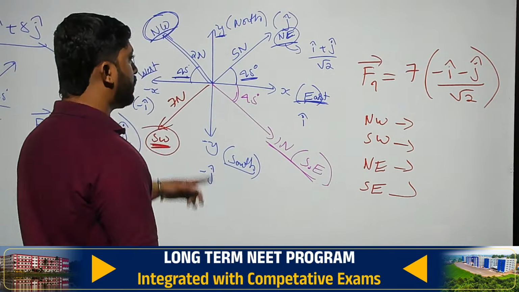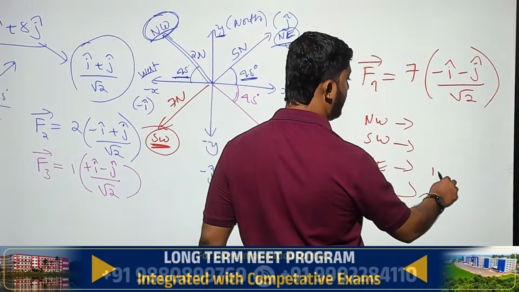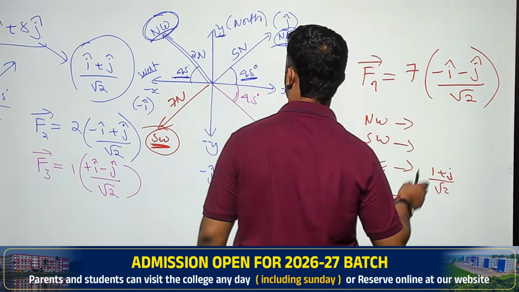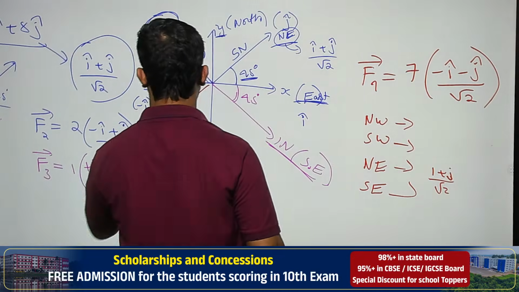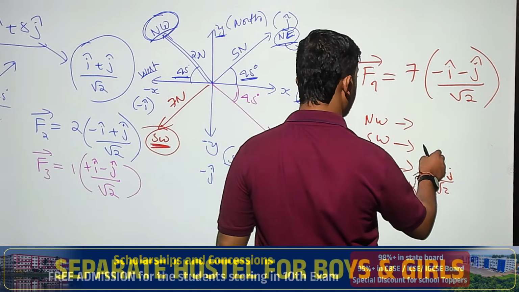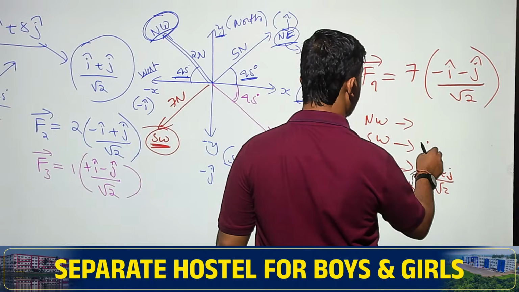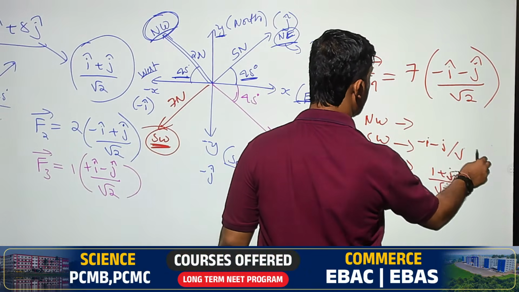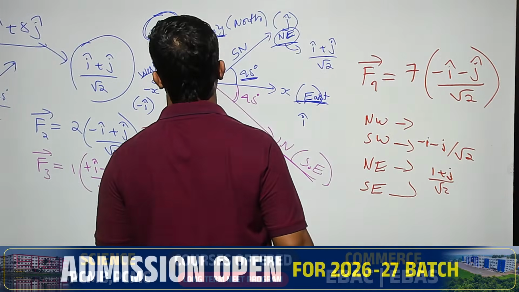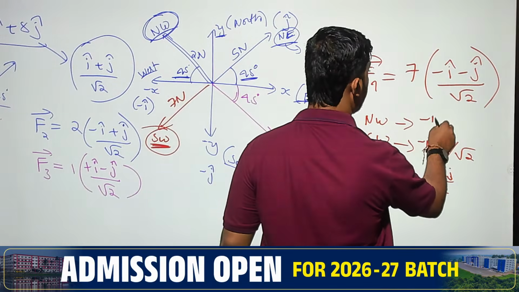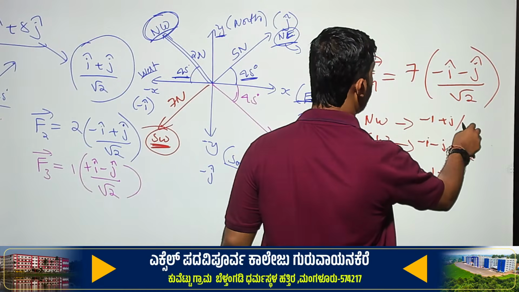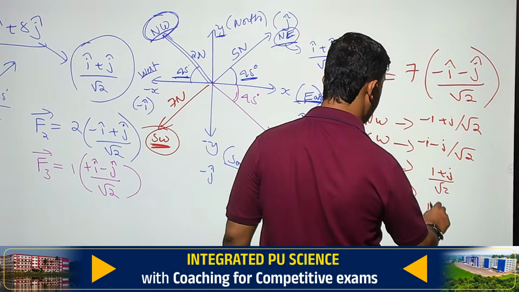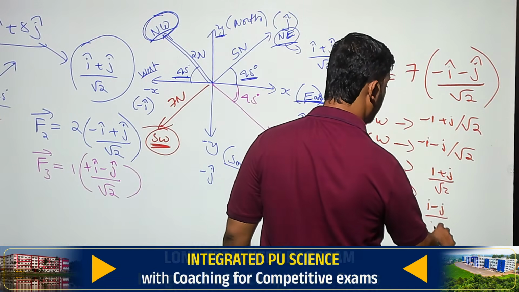So northeast is i plus j divided by root 2, southwest is minus i minus j divided by root 2, northwest is minus i plus j divided by root 2, and southeast is i minus j by root 2.